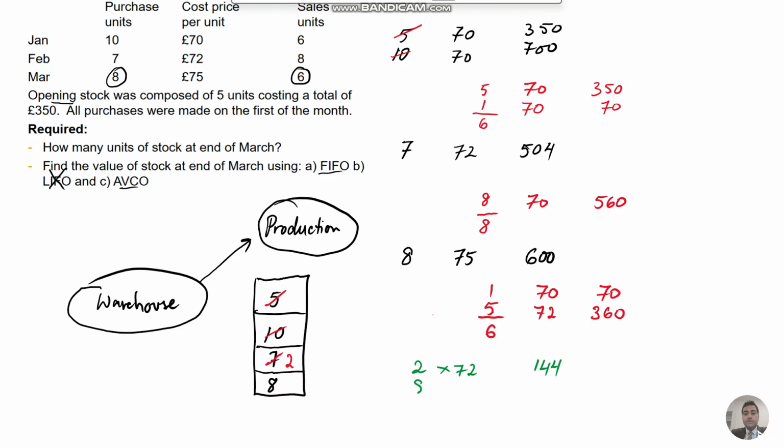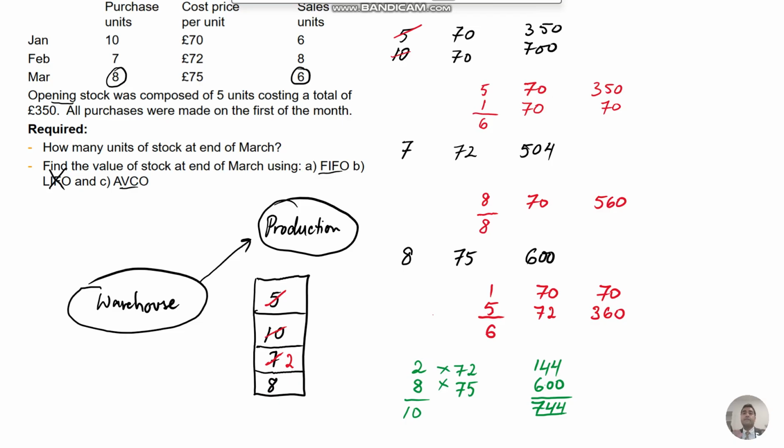And the 8 units which he bought in March, and he did not use them, and the price is 75, my mistake, it is 75 coming from here, and it is 600, and therefore the total is 744. So we can say we have 10 units. 2 units are priced at 72, and the other remaining 8 units are priced at 75.